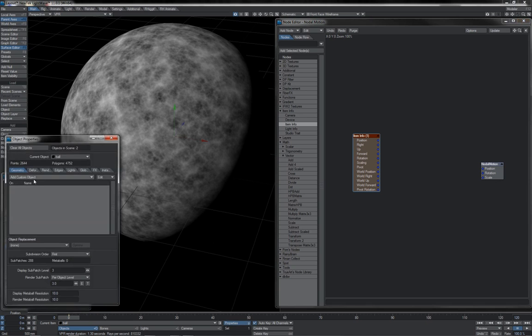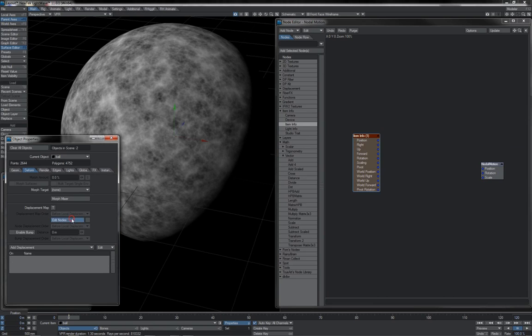Obviously we could talk about things like the displacement node editor, but this is very much like surfacing. A displacement is like a surface that outputs a positional value rather than a color value at a given point on the mesh, that's all. And so again, this is surface space, object space. And you'll find that pretty much any incarnation of the node editor falls into that same way of working.